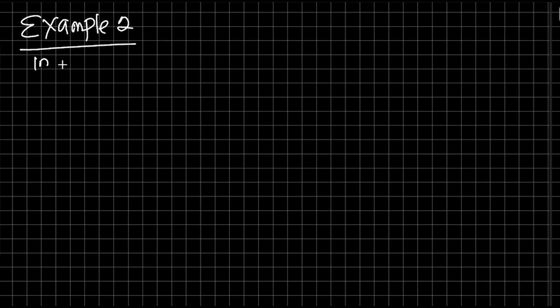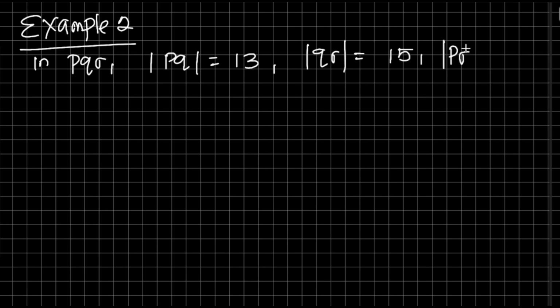So in triangle PQR, PQ is equal to 13, QR is equal to 15, PR is equal to x.